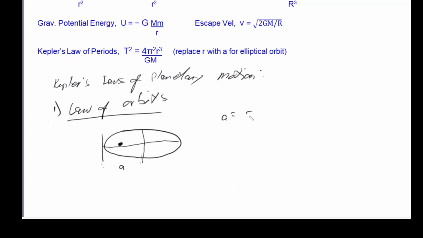So a is equal to the semi-major axis. And there's also a measurement from the sun to the center of the ellipse, and it's called e, or sometimes ea, and that's the eccentricity of the orbit.